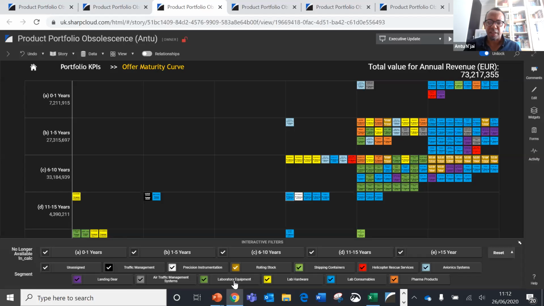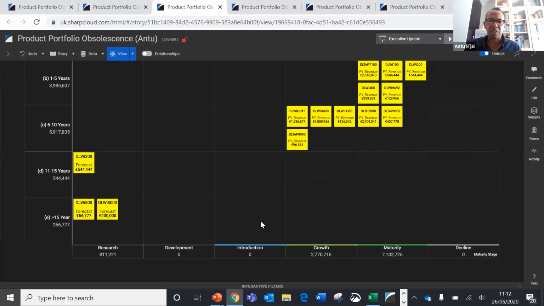If we look specifically at lab hardware, which is what we were seeing in our first picture, we can see that it's a fairly typical picture. There is a lot of value, almost 9 or so million out of perhaps 10 in total, that is going to be lost over the next 5 to 10 years, and not a great deal that is going to replace it, some of which is still in the research stage and needs to come all the way through this funnel.